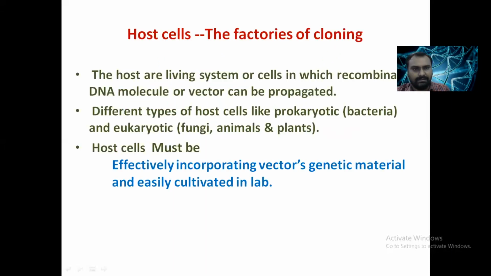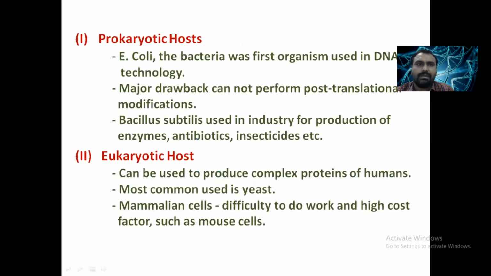Then we can use the vector, and the recombinant DNA is placed inside the host cell. The host cell may be prokaryotic or eukaryotic. Let us see examples of prokaryotes. E. coli bacteria was the first organism used for recombinant DNA technology.